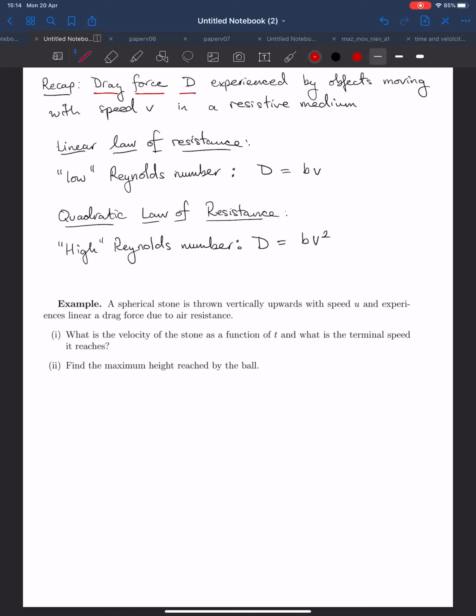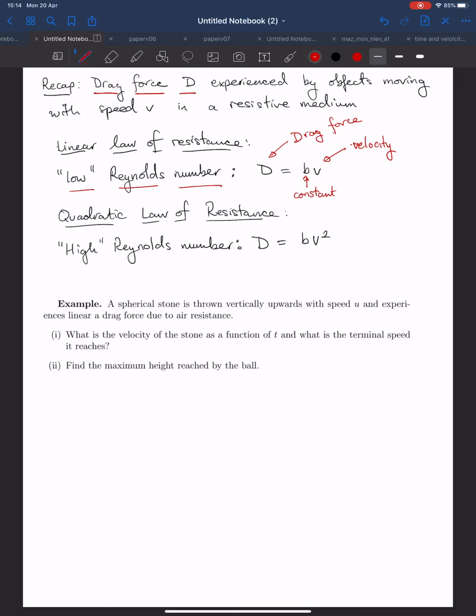We have the linear law of resistance when we have a low Reynolds number, and this basically says that the magnitude of this drag force, D, is equal to some constant B multiplied by the speed or velocity of our object.